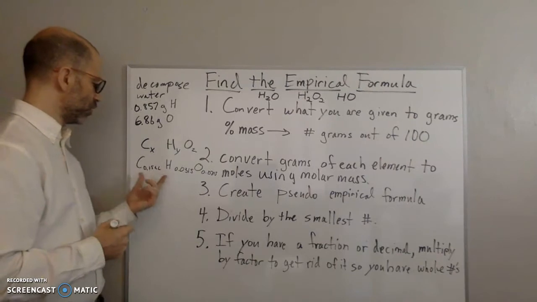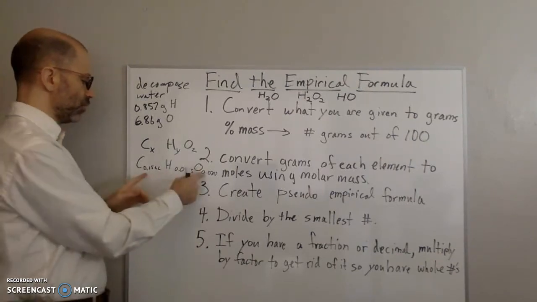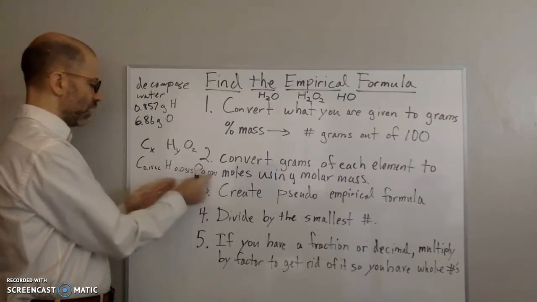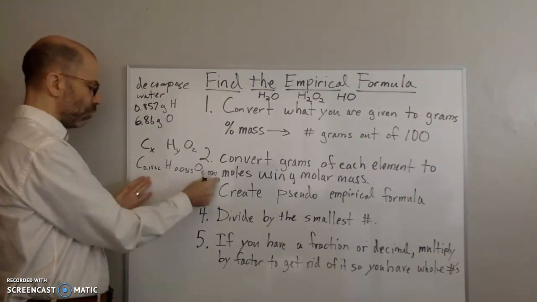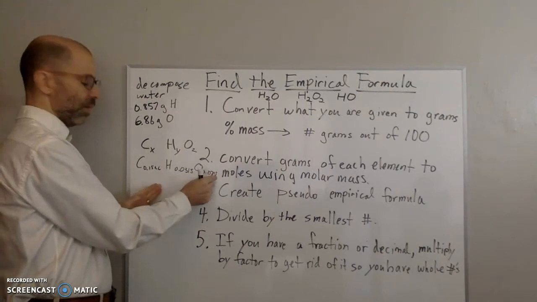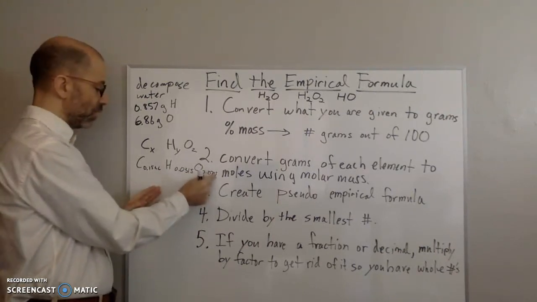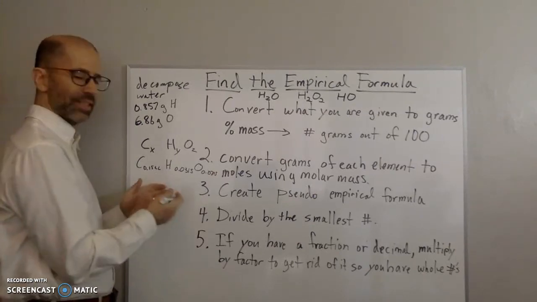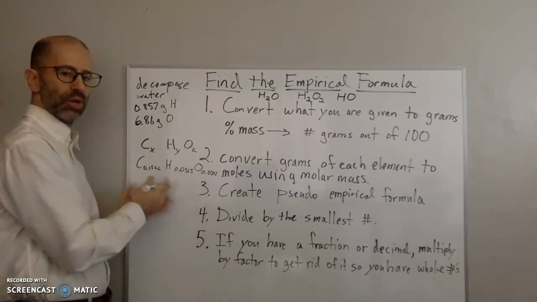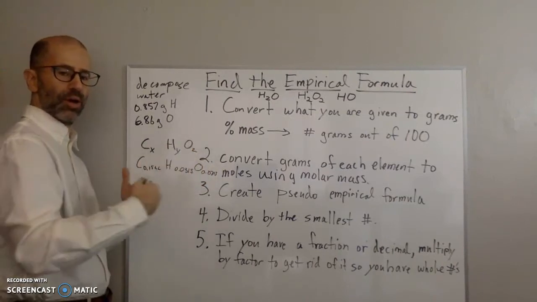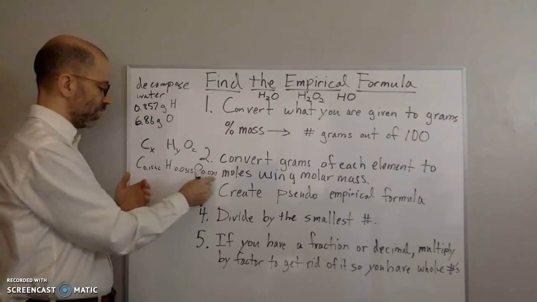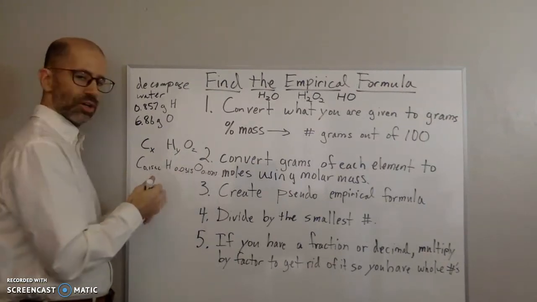Once you get your pseudo formula, you want to create a ratio. Notice that they're not whole numbers, so you can create a molar ratio between them by dividing each of these by the smallest one. If you divide by the smallest one, you're basically creating a relationship, or a ratio, between the smallest one and the other two.